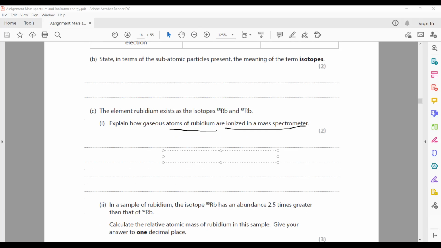By using fast moving electrons to target the sample to knock out electrons from the shell.